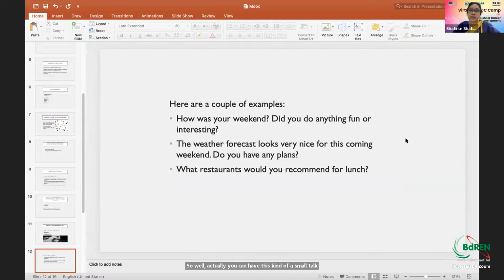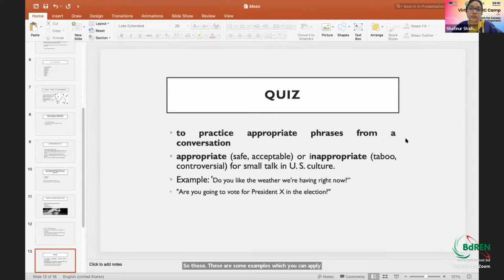Maybe in a conference, maybe in a meeting, maybe in a training session, maybe in a company where you have just visited and you met someone from your professional organization, or maybe from your alumni association. So these are some examples which you can apply for starting your small talk.